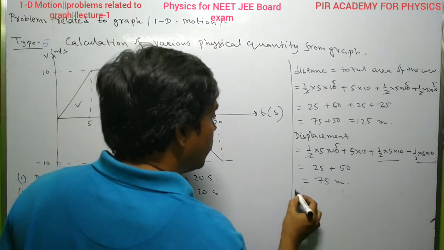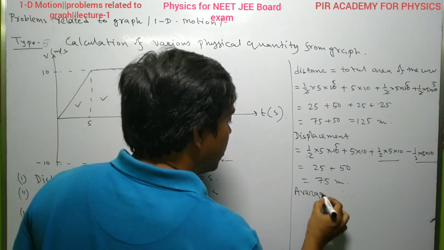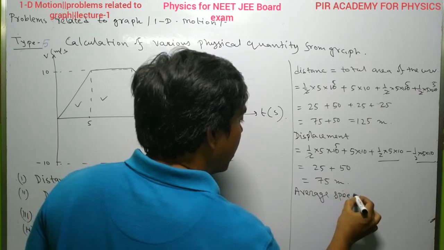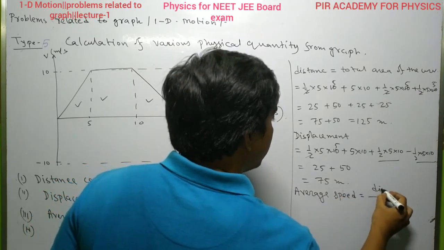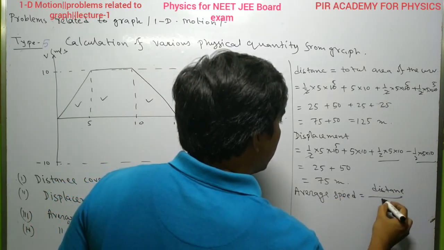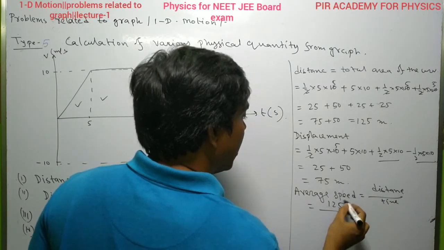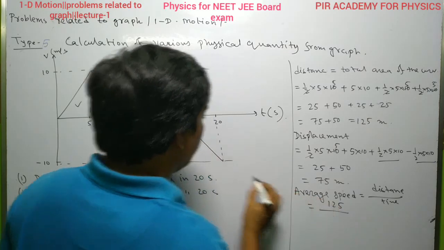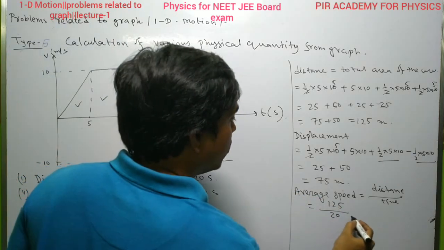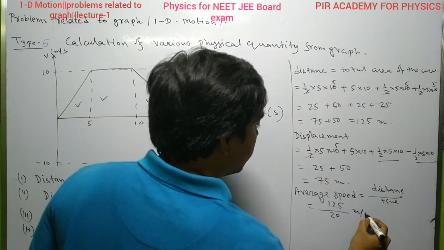So average speed equals distance divided by total time. Distance is 125 and time is 20 seconds, so this is in meters per second.